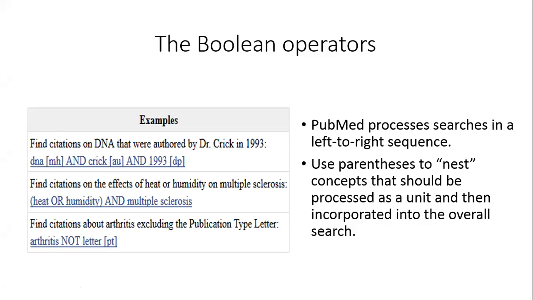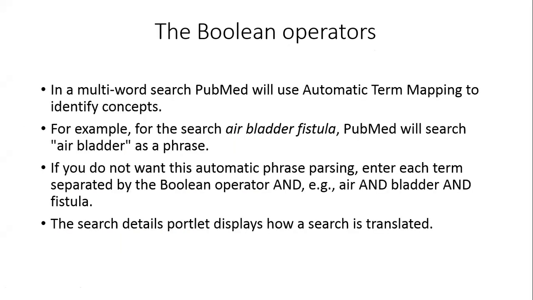For this, they use something called automatic term mapping to identify the concept. If you have multi-word queries or multi-word phrase searches in PubMed, the automatic term mapping engine would first be run on those phrases or multi-word queries. For example, for the search air bladder fistula, PubMed will search air bladder as a phrase and fistula as a term.